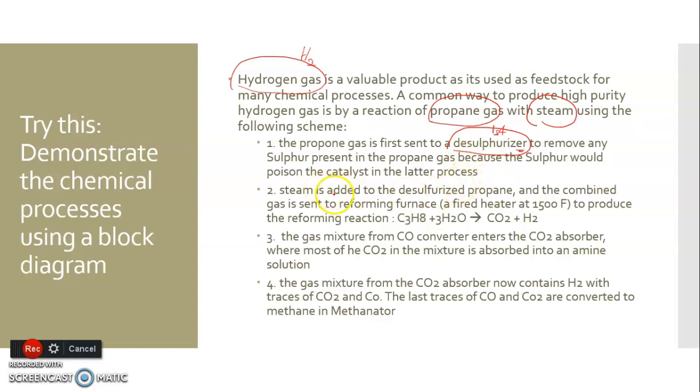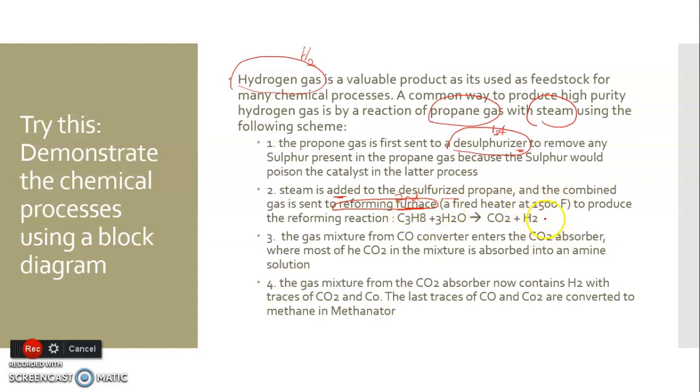Number 2, steam is added to this desulfurized propane and the combined gas is sent to a reforming furnace. So the furnace here is our second block, right? Okay, second. A fire heater with a temperature setting to produce the reforming reaction.